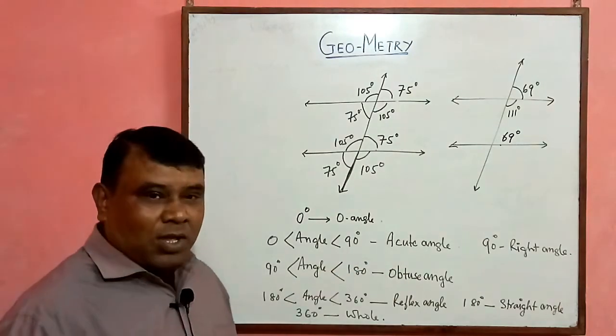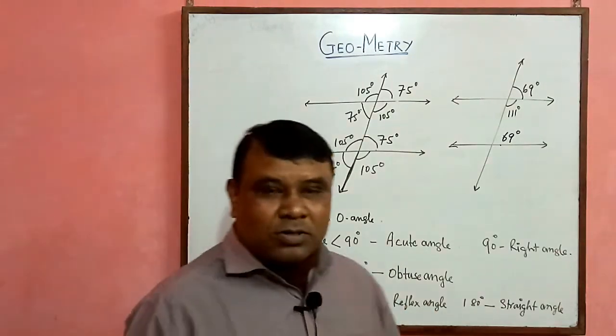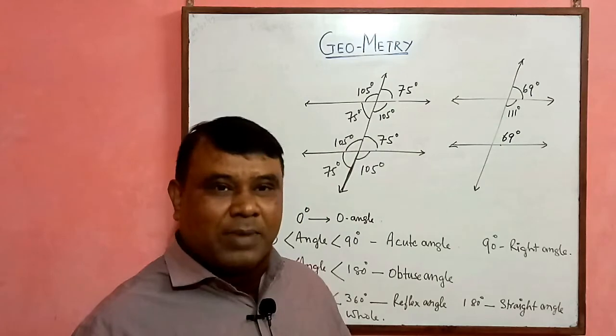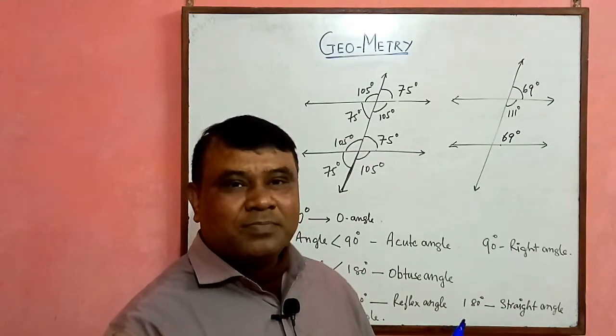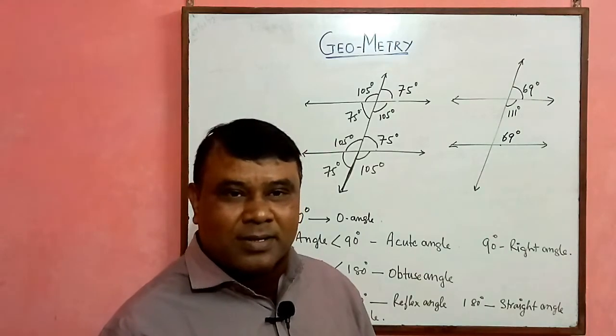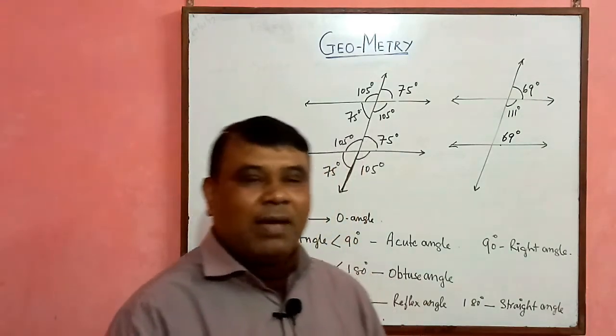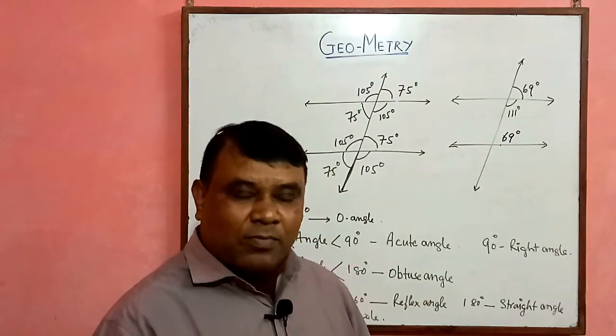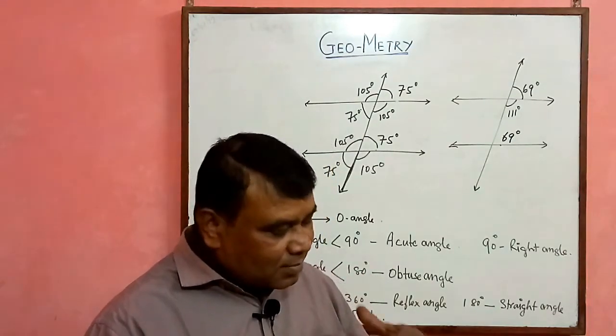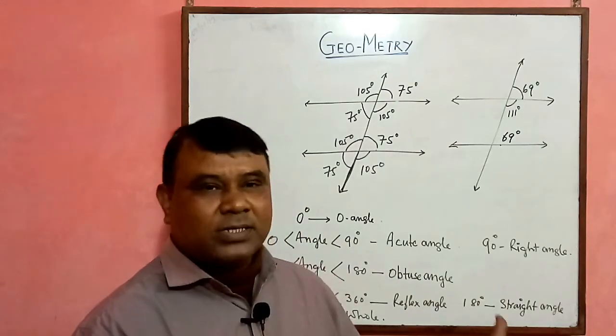And then we have come to know about two lines. They may intersect, they may move parallelly, they may move together. So this way we have intersecting lines, then we have parallel lines and coincidental lines.